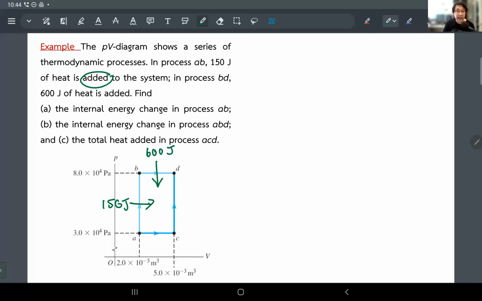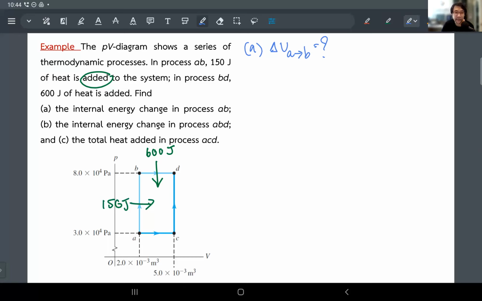Okay, and then find the internal energy change during the process AB. Let's start from part A first, guys. They want to know the internal energy change from A to B. All right, go for it. Let's give it a shot. I want answers from you.